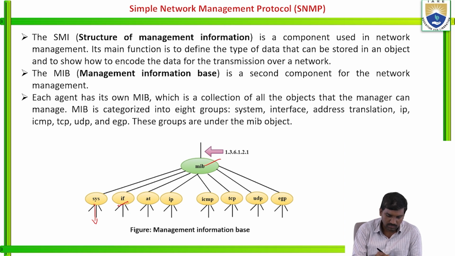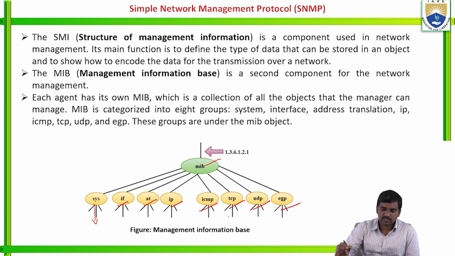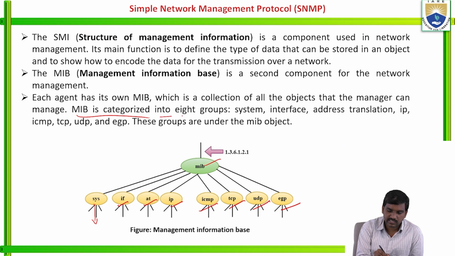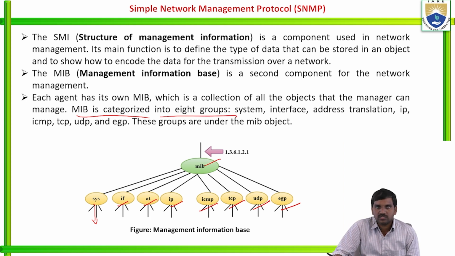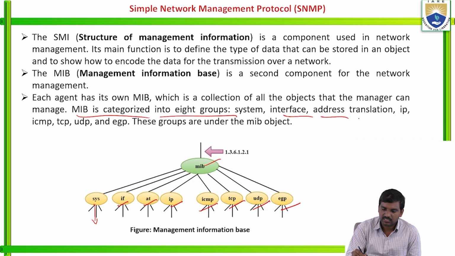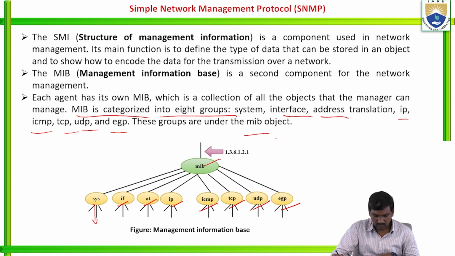MIB is categorized in eight groups: system, interface, address translation, IP, ICMP, TCP, UDP, and EGP. So these are the groups under the MIB.